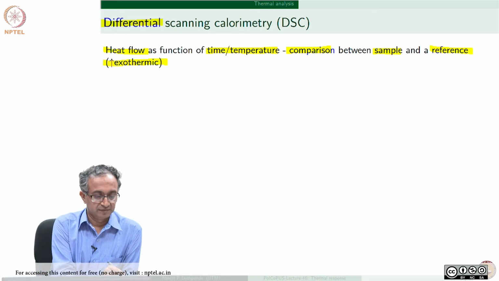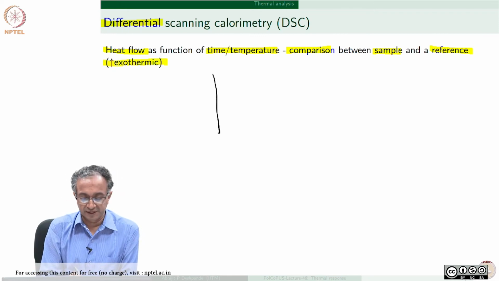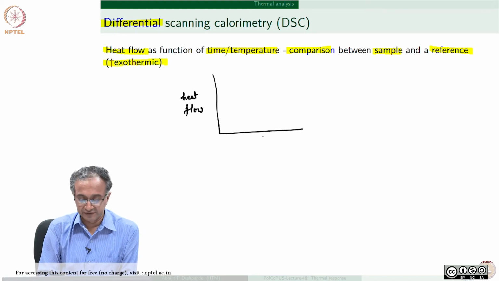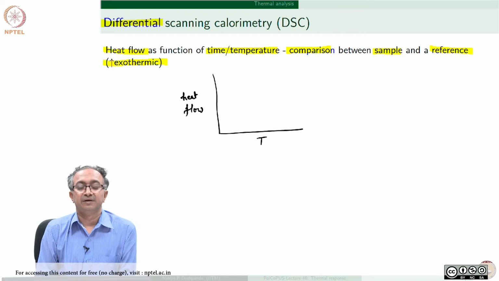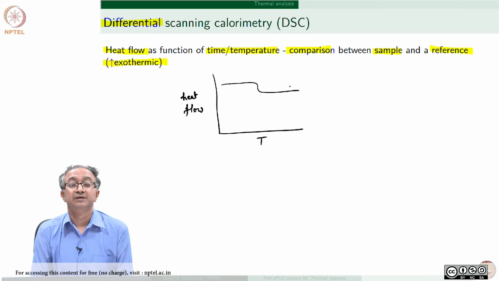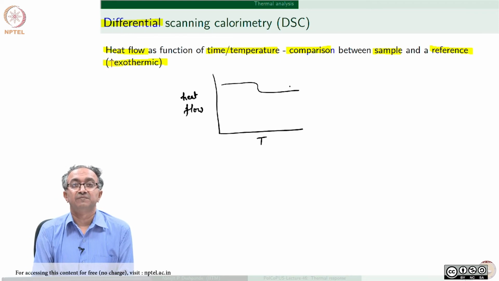So, for example, if I take a polymer sample and look at, let us say, heat flow as a function of temperature, and if this is the overall heat flow curve, this is a step change and this is associated with glass transition temperature.